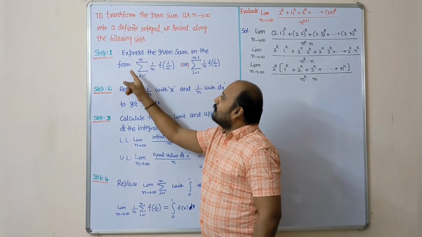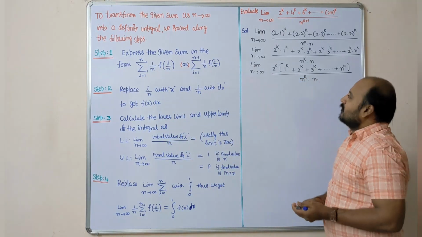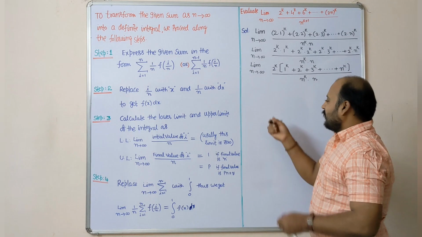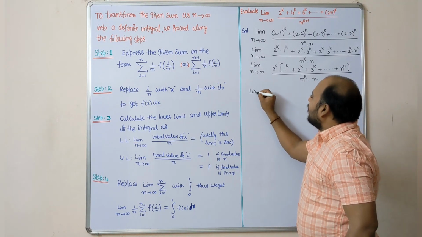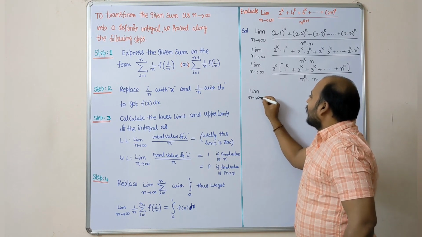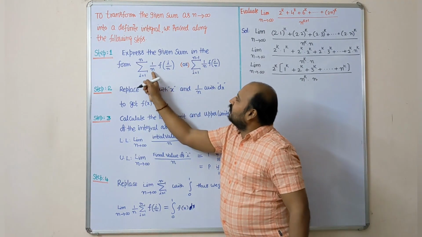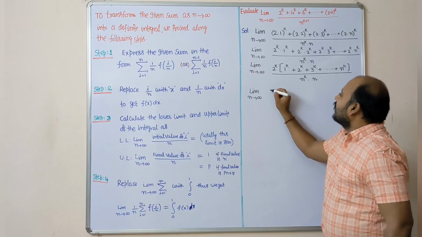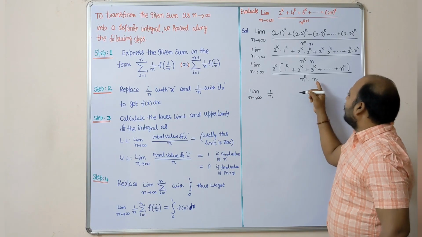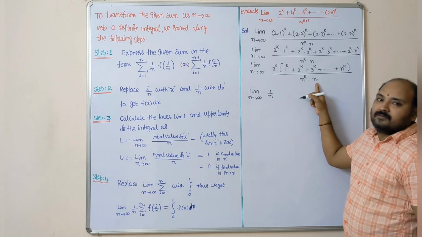Express the given sum in this form. So observe carefully. Limit n tends to infinity, 1 by n. I want to write 1 by n separately.